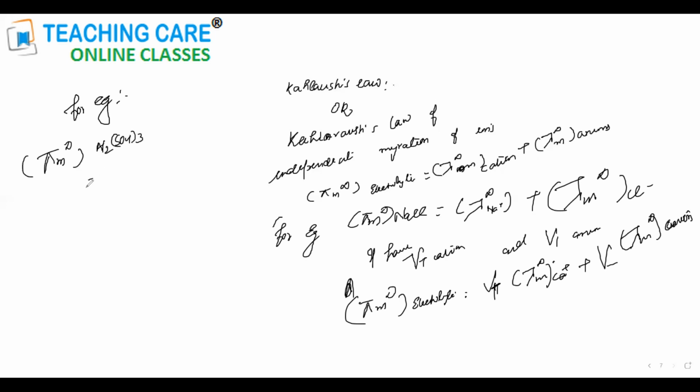We can write it as 2 times the molar conductivity of Al3 plus, plus 3 times the molar conductivity of the ion SO4 2 minus.